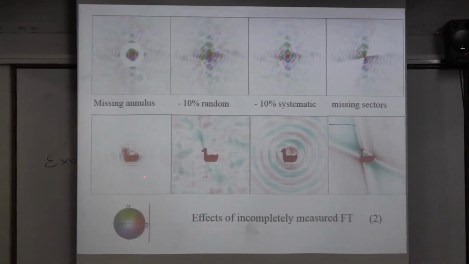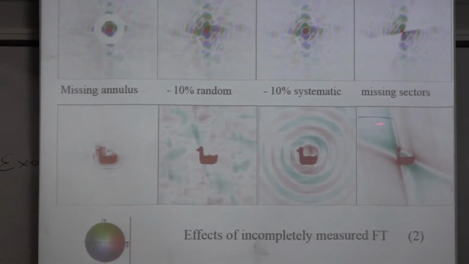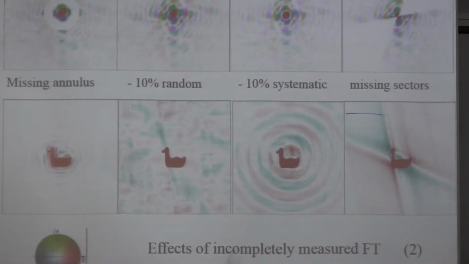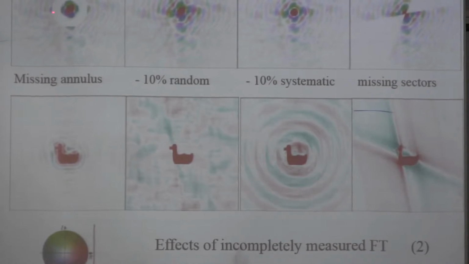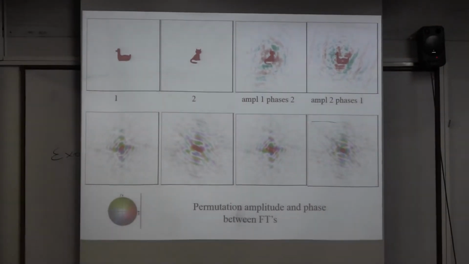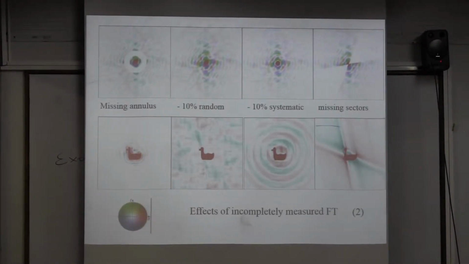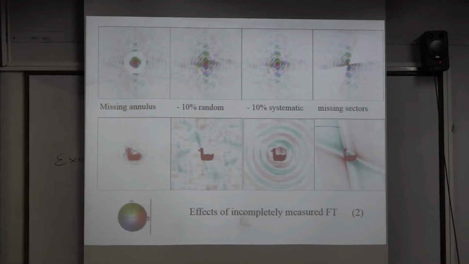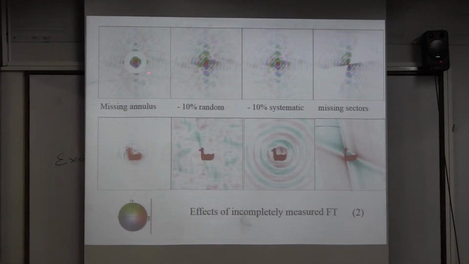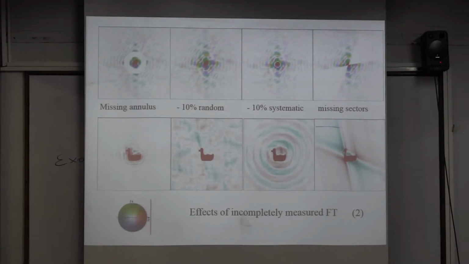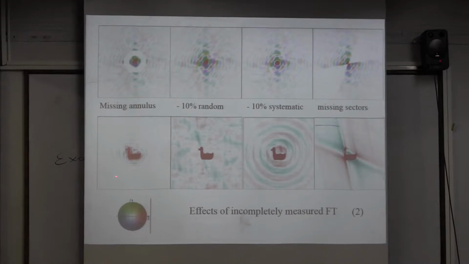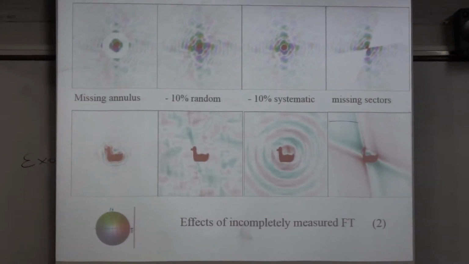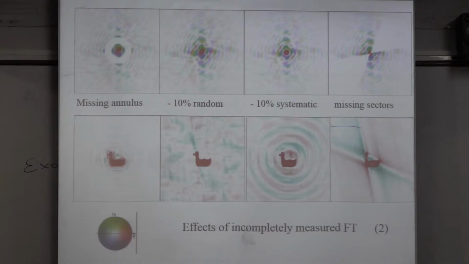And as you would expect, that is a multiplication with a function which is unity all over the place and 0 in there. That function has a rotationally symmetrical ripple, which is the convolving function of the picture that I wanted to get. And indeed, that is the way I got all these ripples centered around the duck.